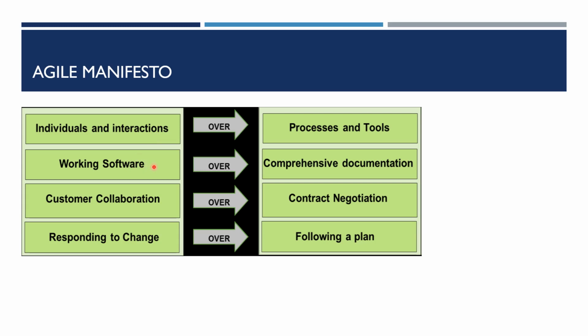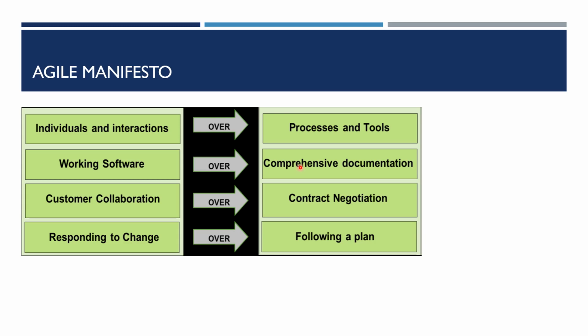The second one is working software over comprehensive documentation. The success criteria here is measuring the working software. The software which is built and delivered to the customer is measured as the success criteria, not comprehensive documentation.